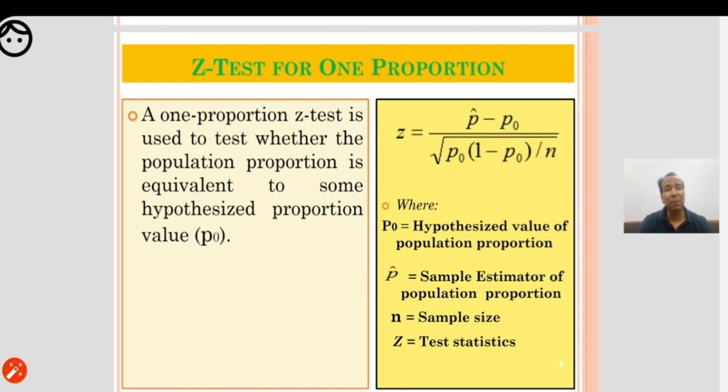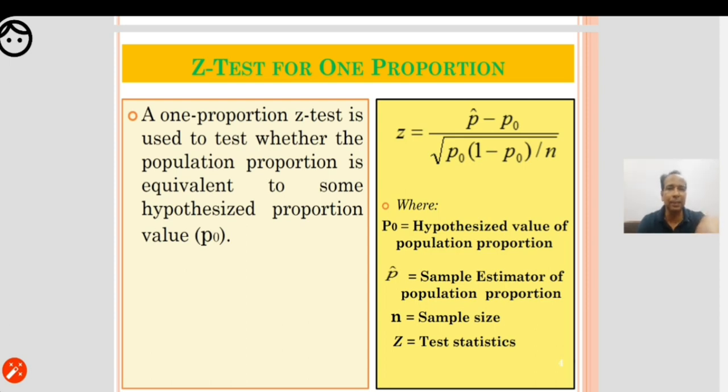A one sample Z-test is used to test whether the population proportion is equivalent to some hypothesized value of proportion. This is when the Z-test for one proportion is conducted.